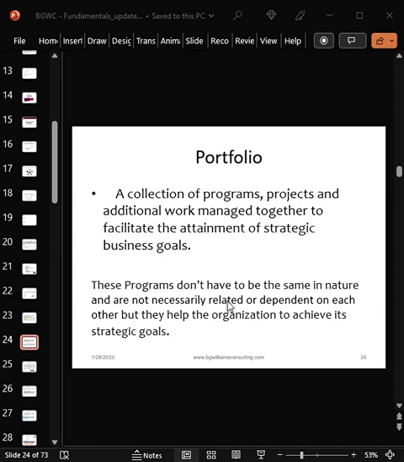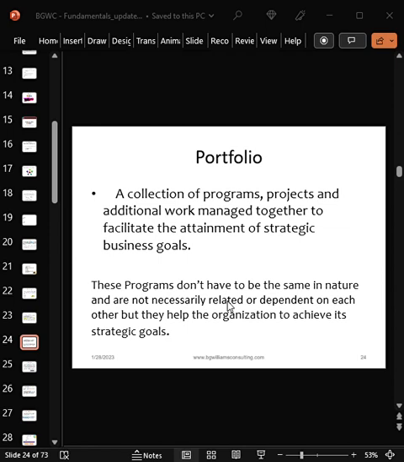Portfolio. What is portfolio management all about? Or when we talk about portfolio as a whole, what actually are we looking at? Or what actually is our focus?